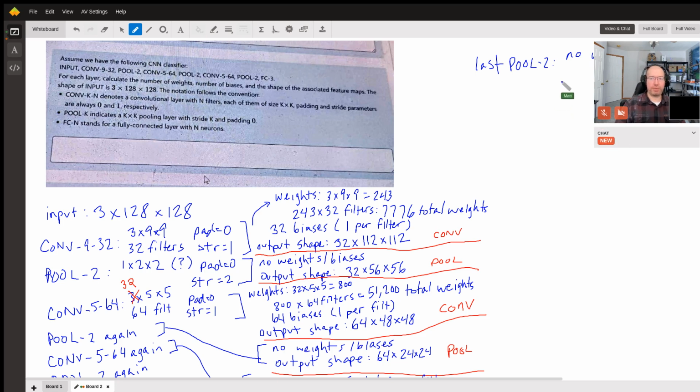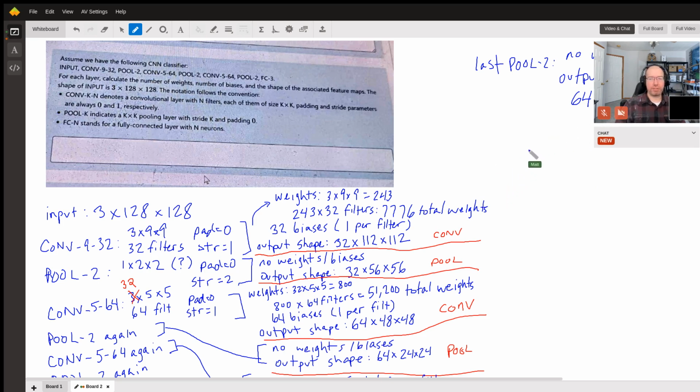And let's see, that means the output shape will keep the same number of channels, so that's 64 still. And then we're cutting the other 2 dimensions in half. We had 64 by 16 by 16. So now we'll have 64 by 8 by 8.